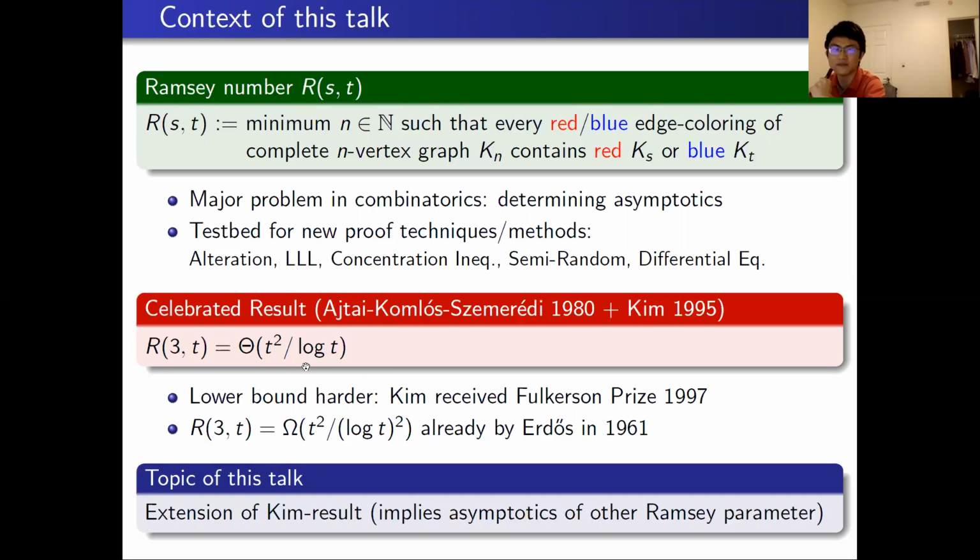He combined a semi-random approach with concentration inequalities and differential equations. For his major achievement, Kim also received the Fulkerson Prize in 1997. And the topic of the day is to introduce an extension of Kim's result, which also implies asymptotics of some other Ramsey parameters. And again, we remove some log factor.